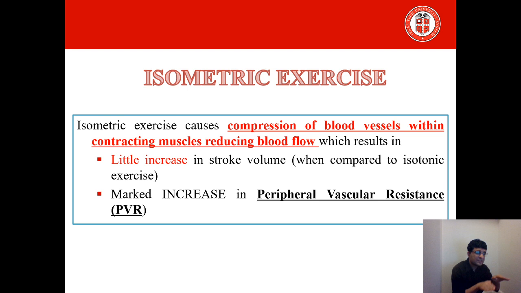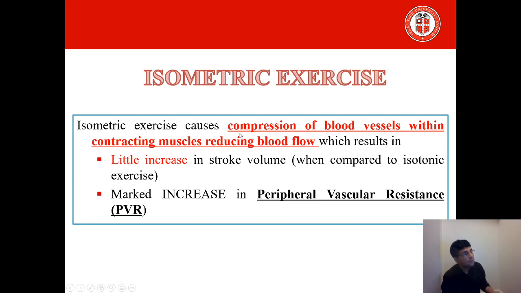So there is a slight increase, which is due to the blood returning from the other parts, but not from the exercising muscles. So you won't see a big response in cardiac output as we have been seeing in the isotonic exercise before.